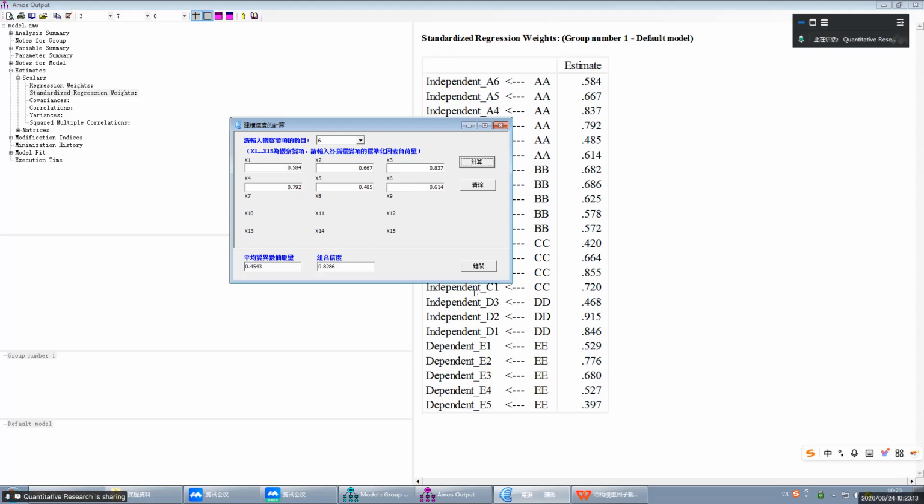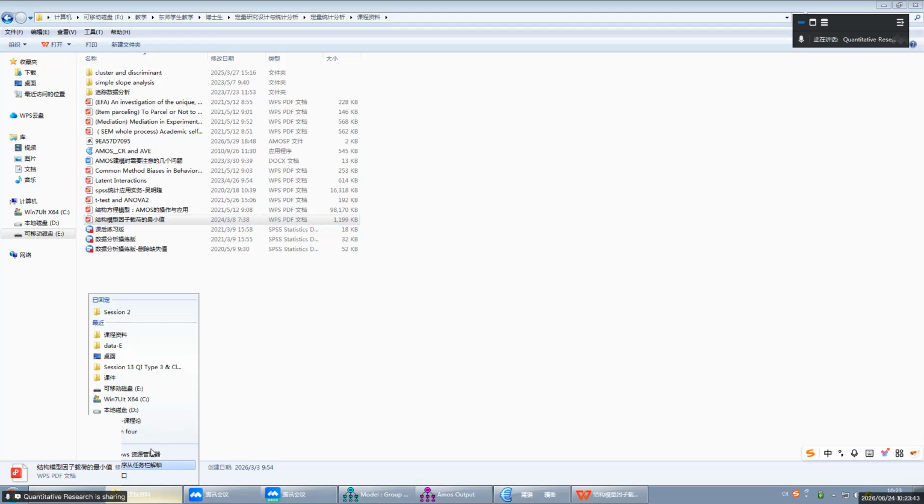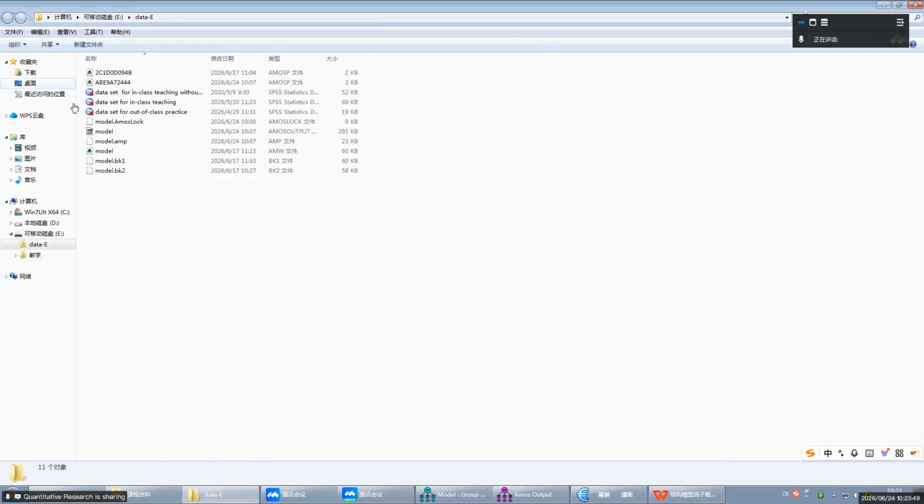Now you just remember, intercorrelation means the correlation of a certain variable with all the other variables.